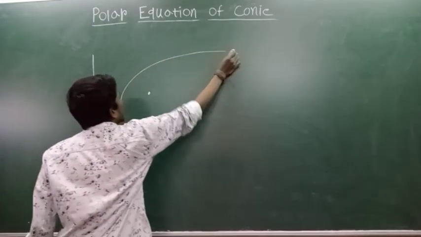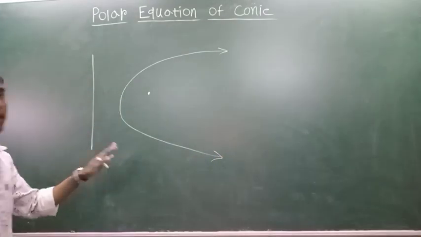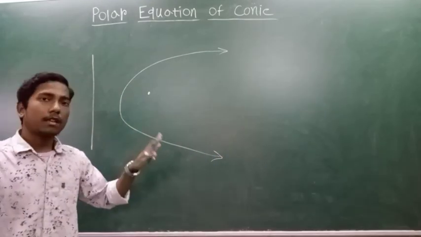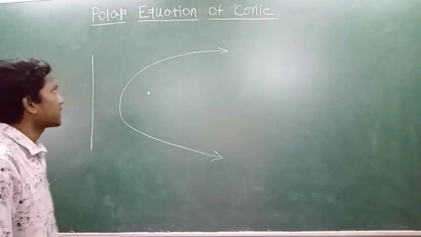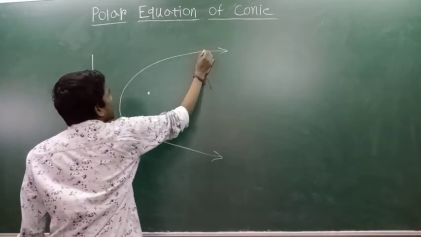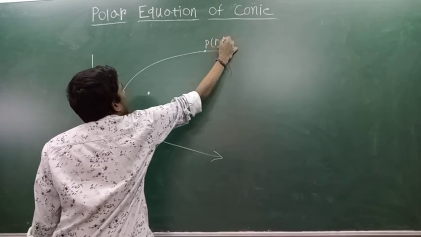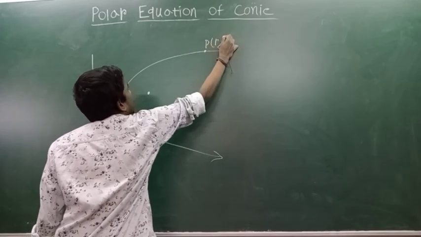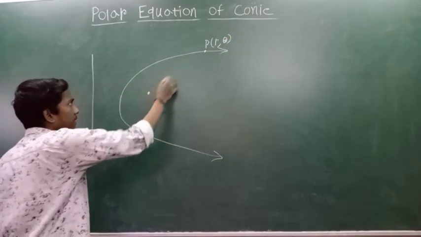Let this be a general conic. This is not a parabola, it is a general conic. It can be an ellipse, a hyperbola, or a parabola, depending upon the value of eccentricity. So what is eccentricity? Say P(r, theta) is a general point on this conic, moving along the conic.